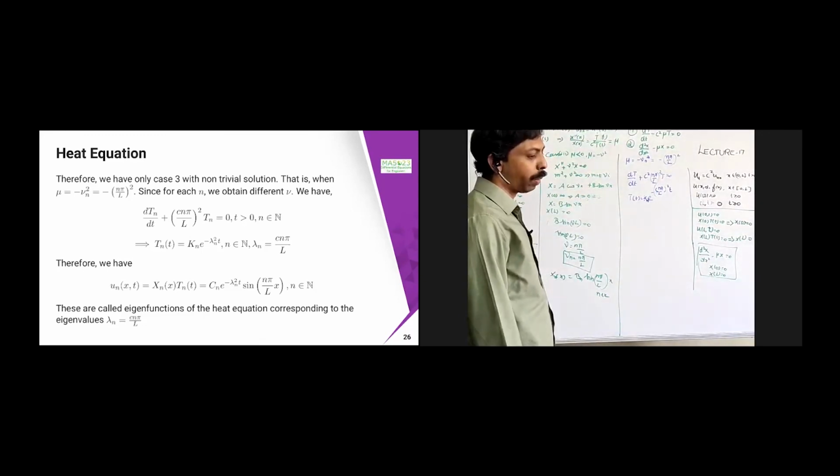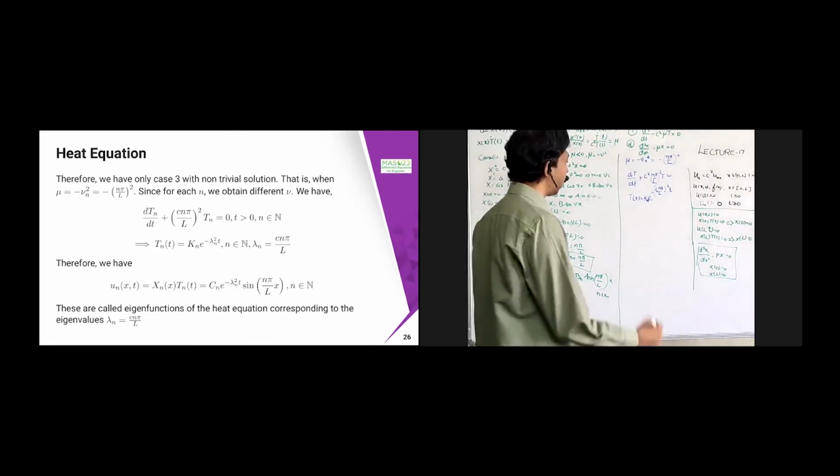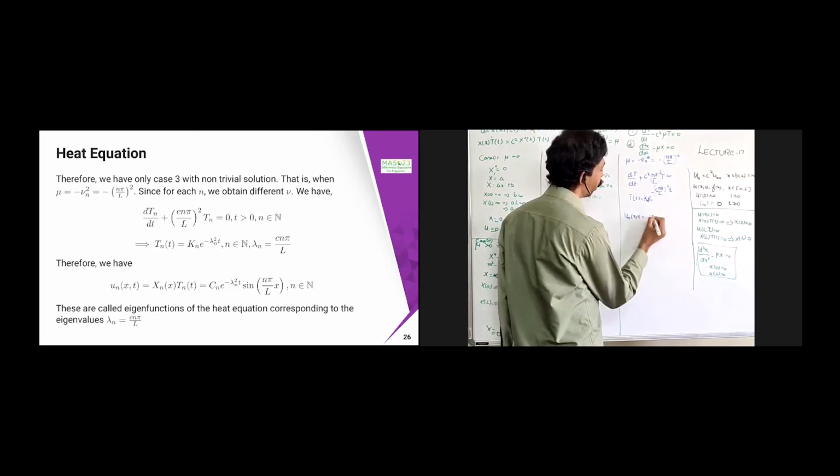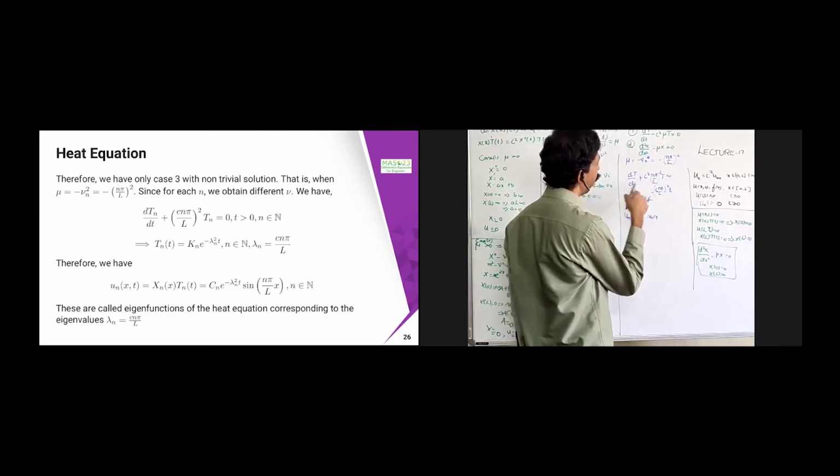Problem number 1 we have solved. Therefore, for each n we get u_n(x,t) equal to X_n(x) into T_n(t), because this depends on n.